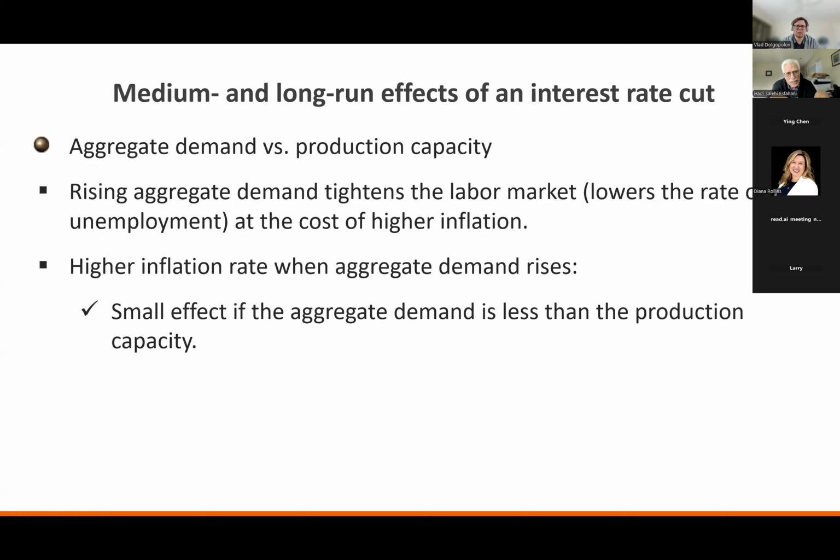As a result, if aggregate demand is below production capacity and interest rates go down in that situation, there's going to be an increase in inflation, but it will be very small because the negative effect of weak demand pulls prices or inflation down.